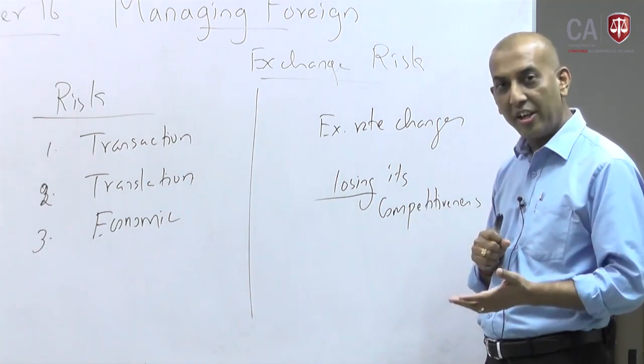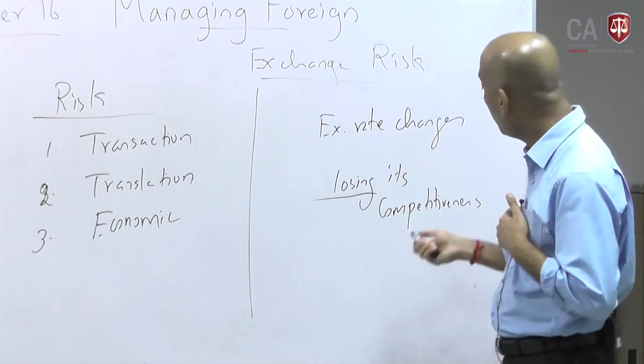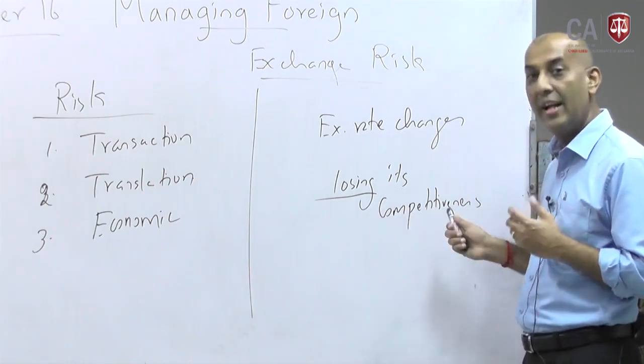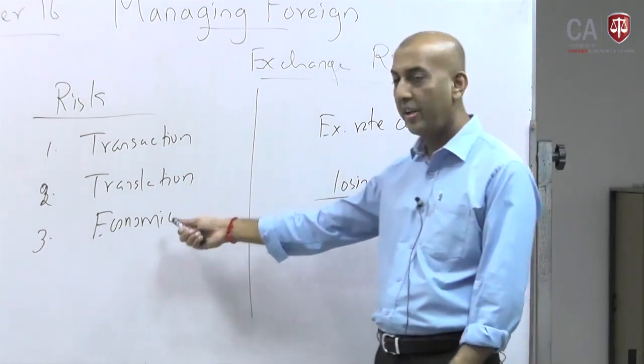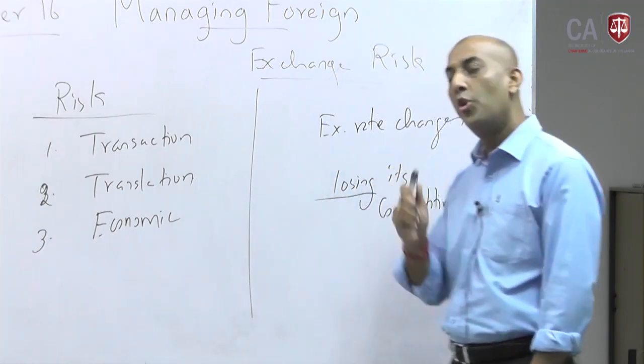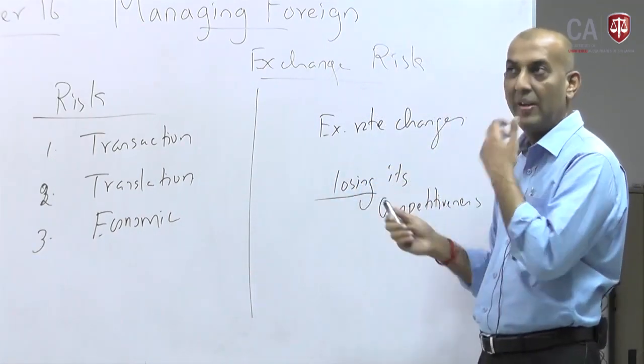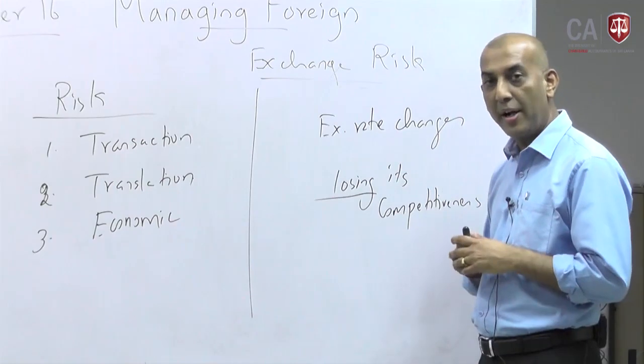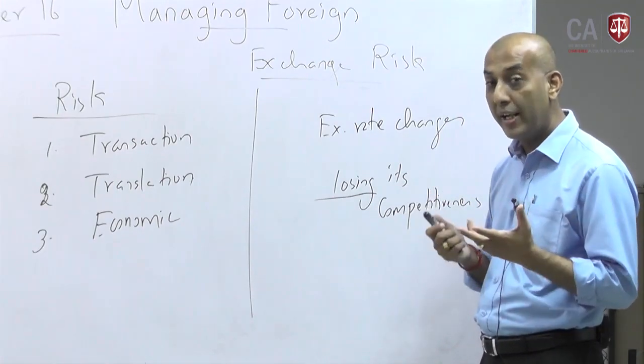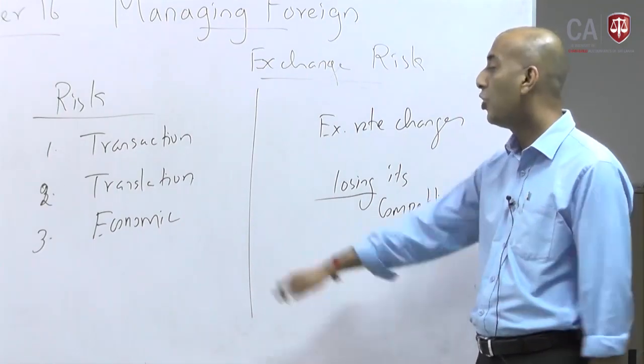When that variation results in you losing competitiveness, then it is called economic risk. So please note that this is about the market, mainly the international marketplace, you losing competitiveness due to the exchange rate is called economic risk.